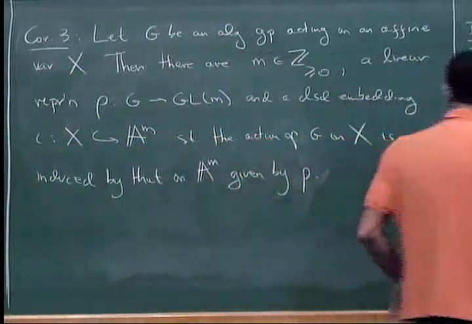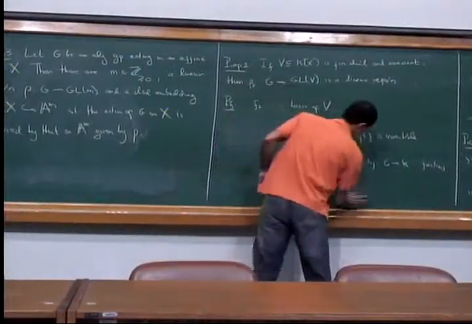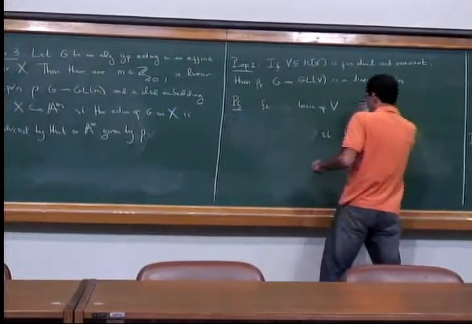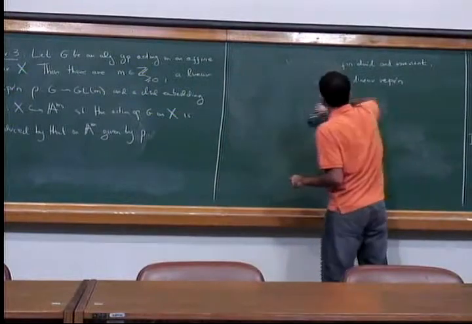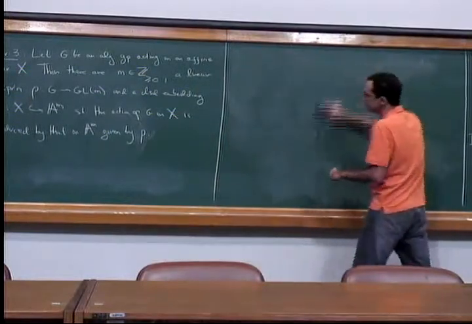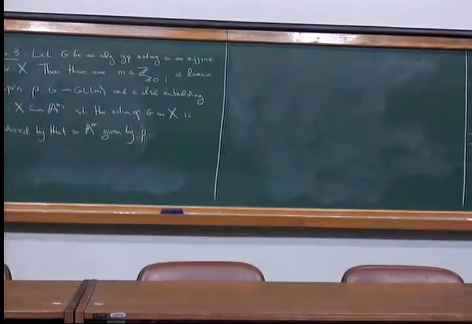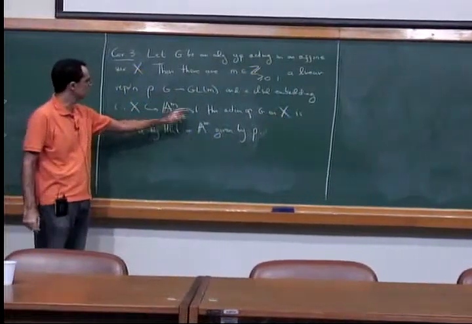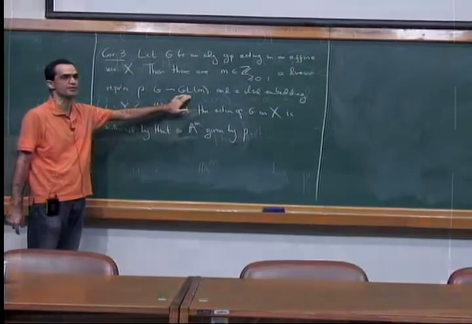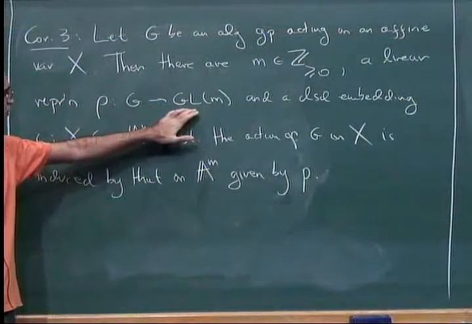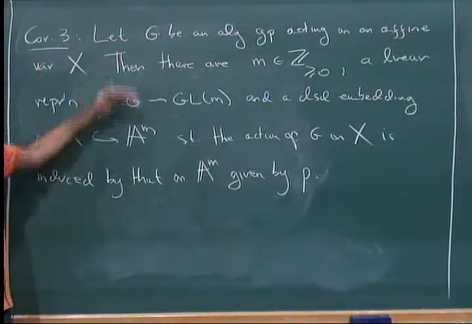There is a group of matrices. So we're going to use this because last time in the first lecture we studied this action of G on A^m, linear actions, and we showed that the ring of invariants is finitely generated. So we want to show that the same thing holds for any action on an affine variety, and we're going to use this.